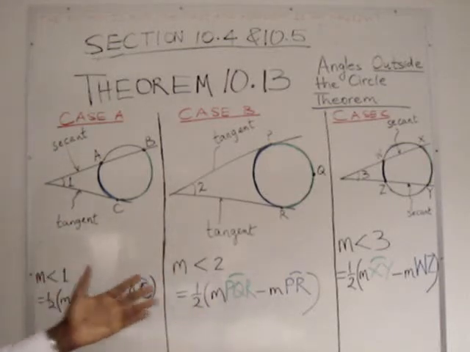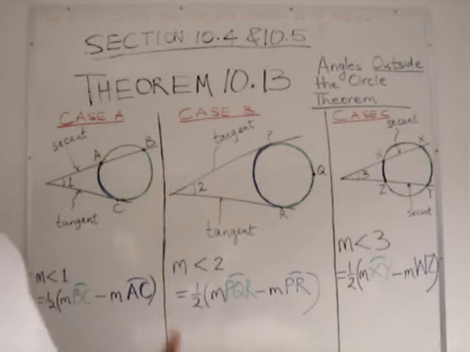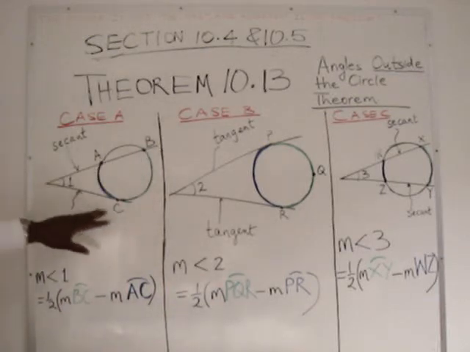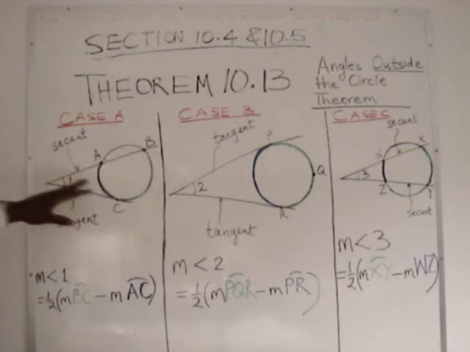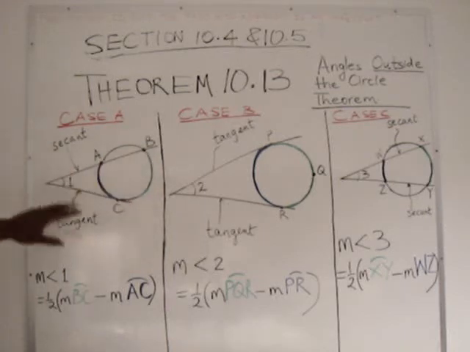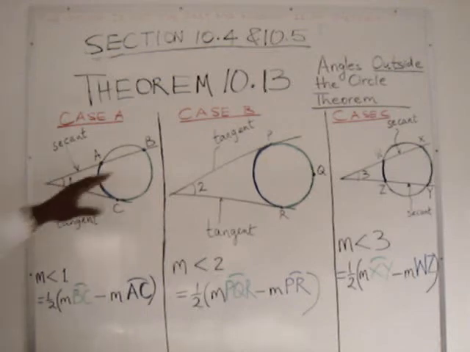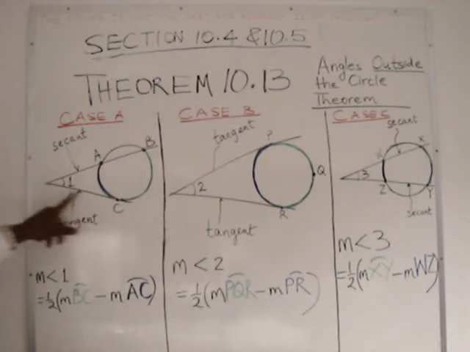A chord is necessarily part of a secant. So each of those lines could be either a secant or a tangent. One case is when you have the angle, like angle 1 here, made up of a secant and a tangent.